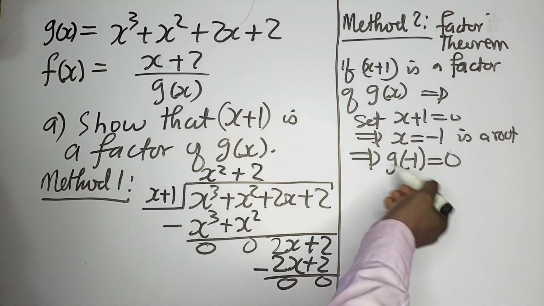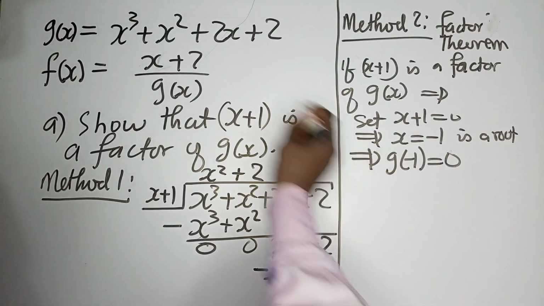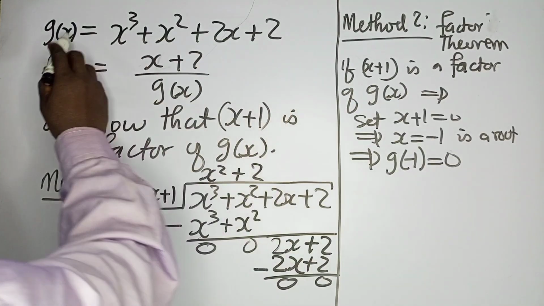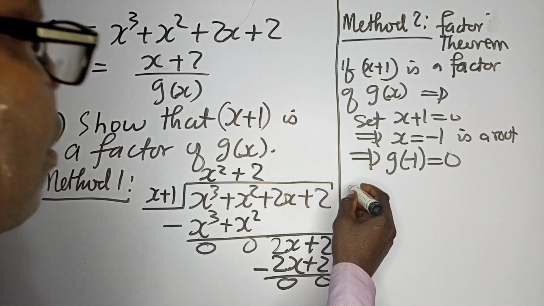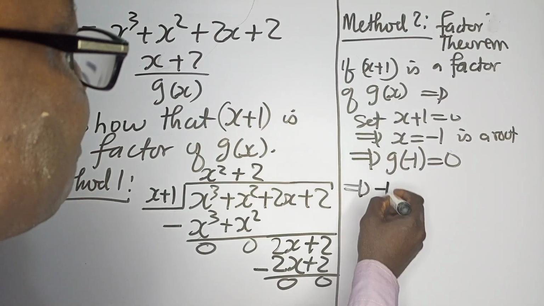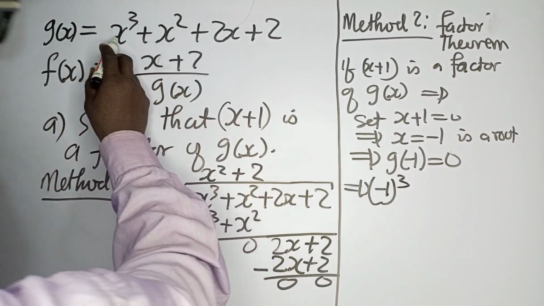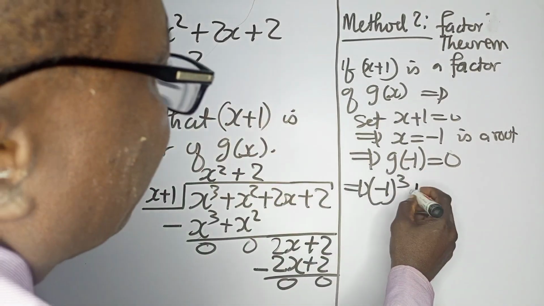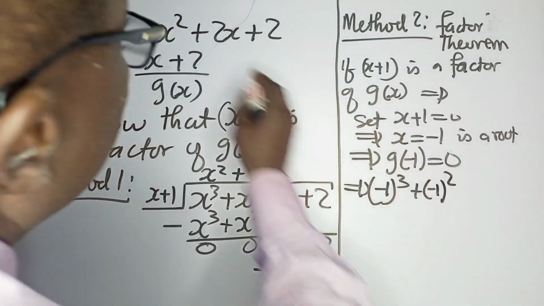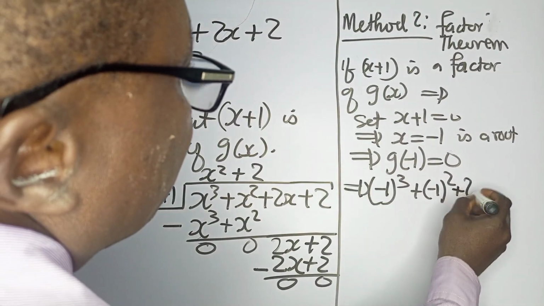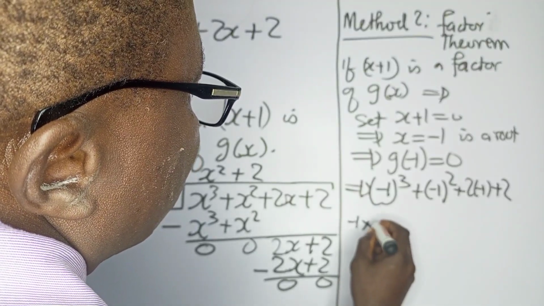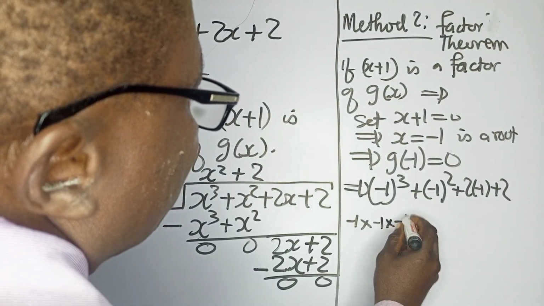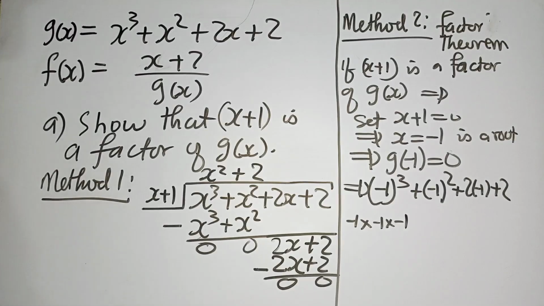So let's verify to see if g of -1 will give us 0. Remember, this is g of x. That means in the place of x, we're going to put -1 here. Wherever we find x, we put -1. All right, so that gives us -1 cubed, -1 squared, 2 multiplied by -1, plus 2. -1 cubed means -1 multiplied by -1 multiplied by -1.